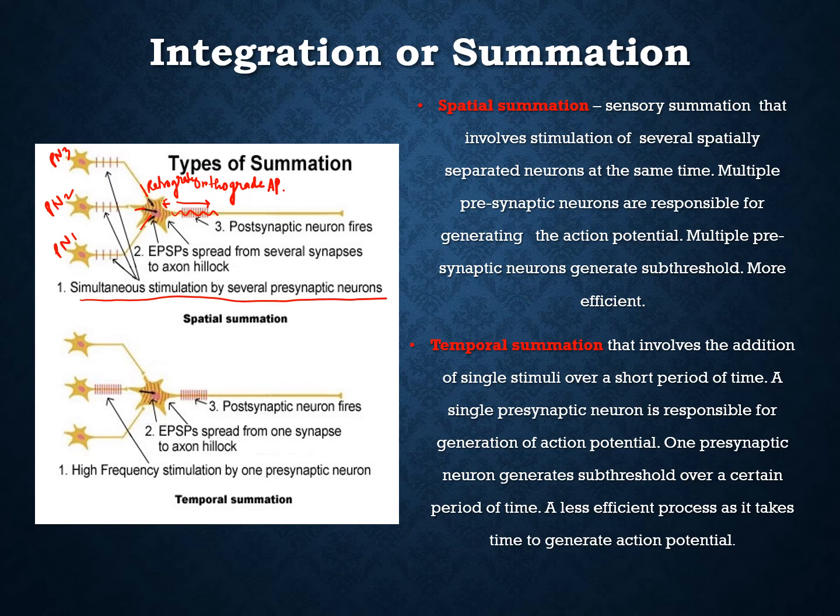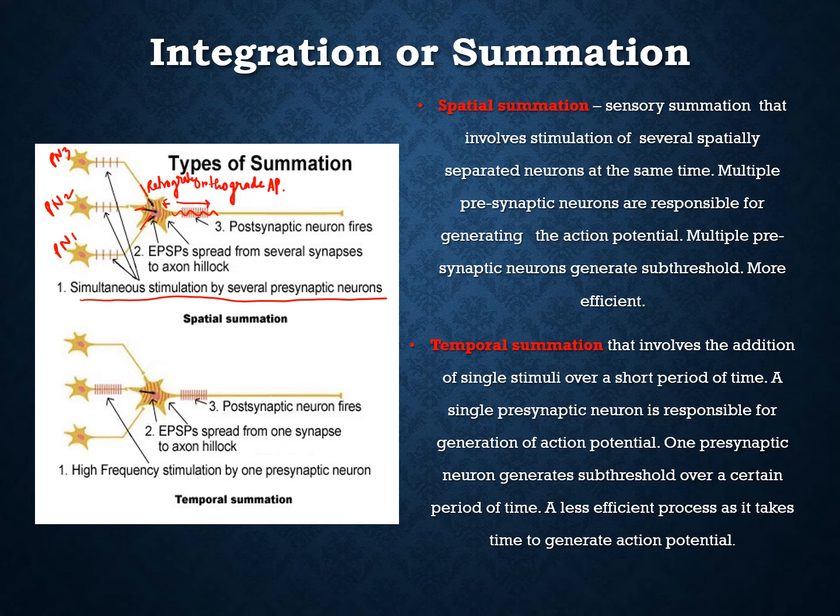Now, the temporal summation involves the addition of single stimuli over a short period of time. A single presynaptic neuron is responsible for generation of the action potential. One presynaptic neuron generates subthreshold potentials over a certain period of time, a less efficient process as it takes time to generate the action potential.